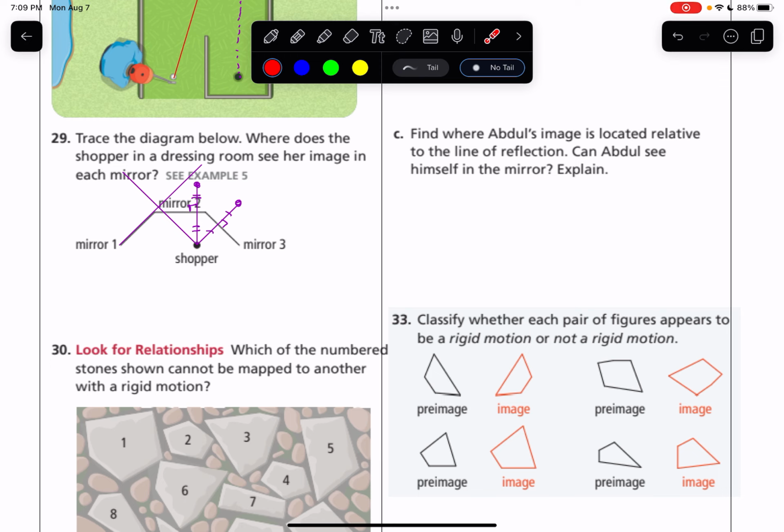She's seeing her image in mirror 1, but she has to extend the line of reflection to see where she would theoretically see her image if she looked in mirror 1. That reflection line can be extended in both directions from where it looks like it is now in order to create that perpendicular bisector that we need to show a reflection.